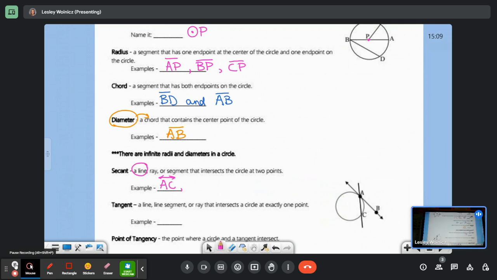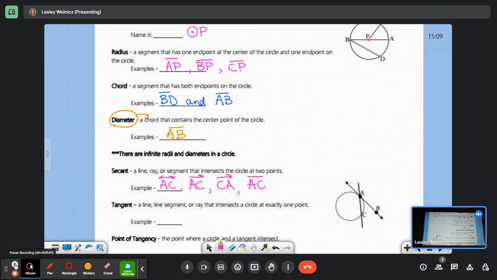It can be the ray AC, or the ray CA. It could also be segment AC. Any of those can be secants.